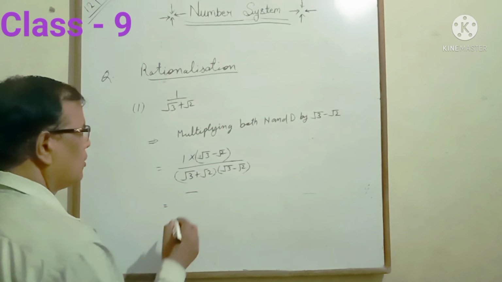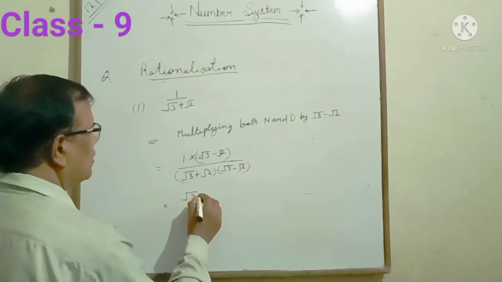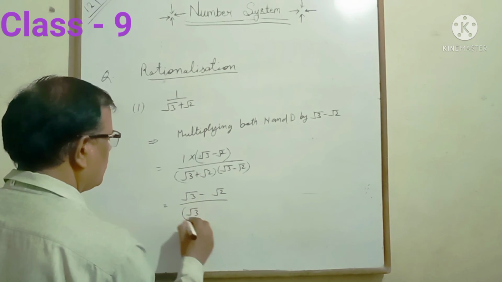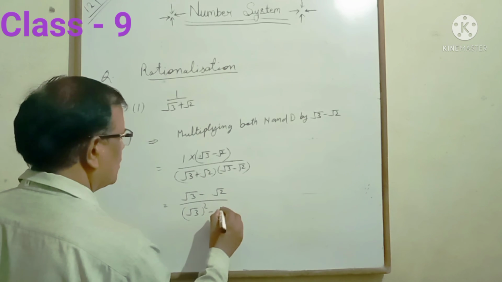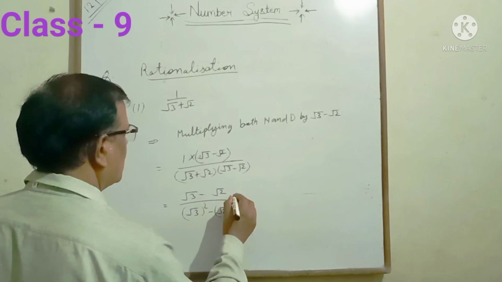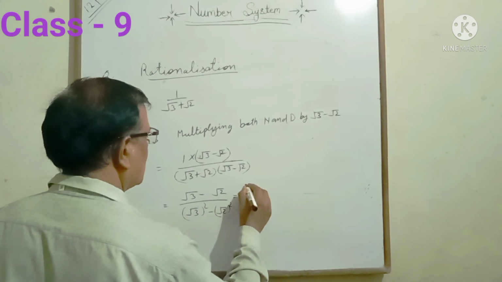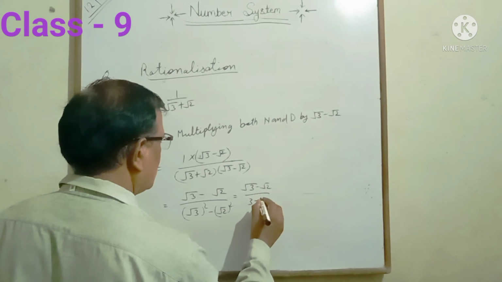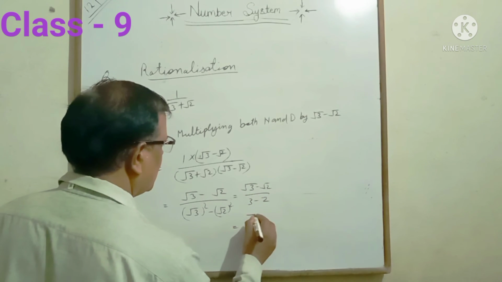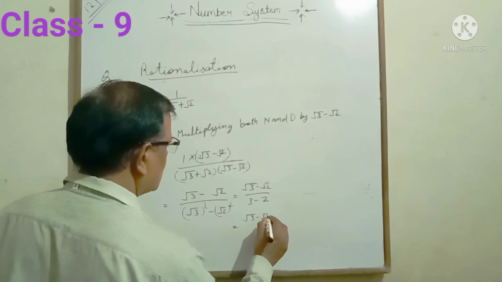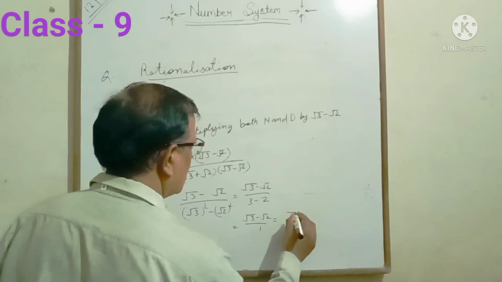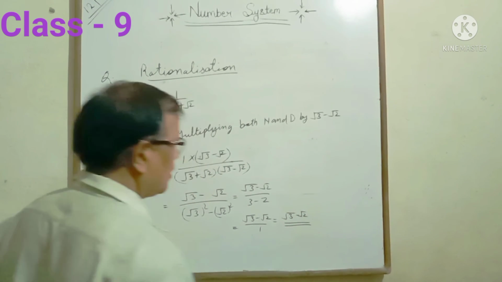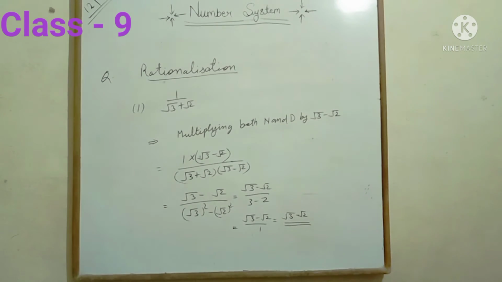Now we have multiplied it by 1, so we get the same value: root 3 minus root 2 by root 3 whole square minus root 2 whole square. Now we get root 3 minus root 2 by 3 minus 2, which is root 3 minus root 2 by 1, or root 3 minus root 2. Now we have rationalized the denominator.